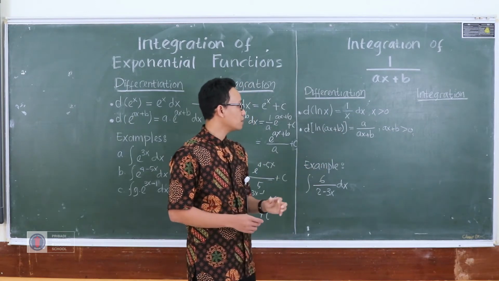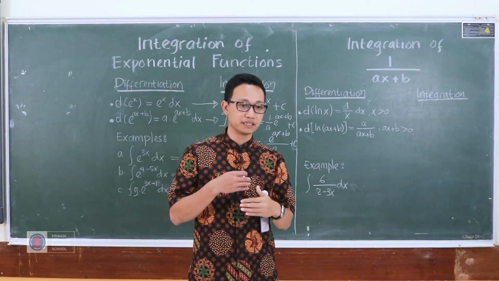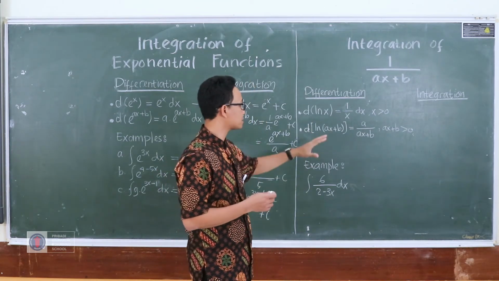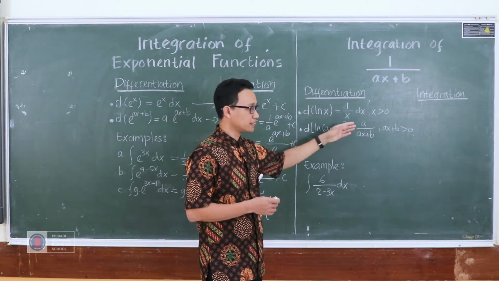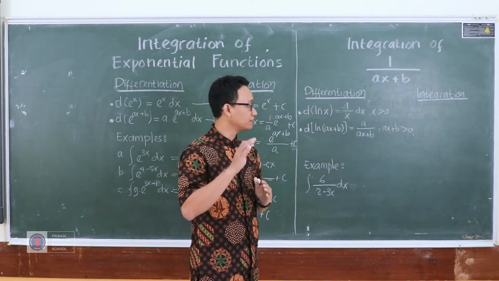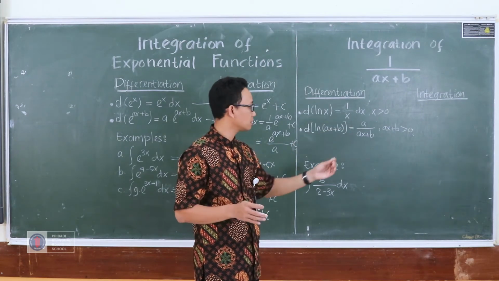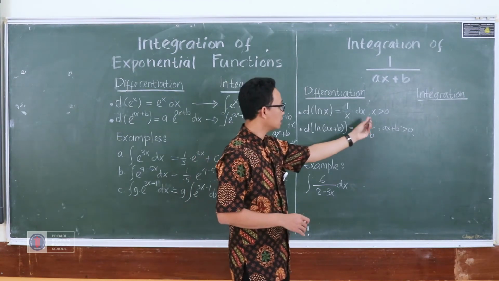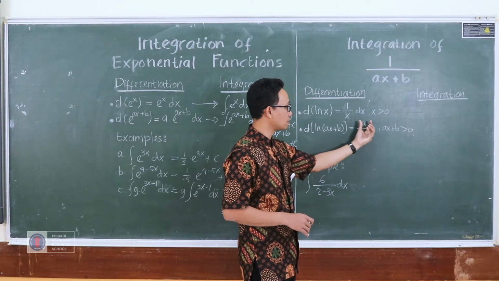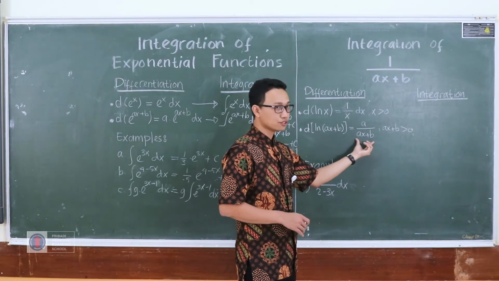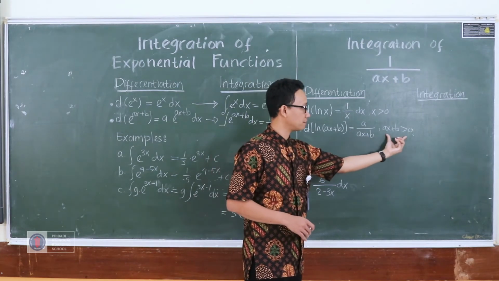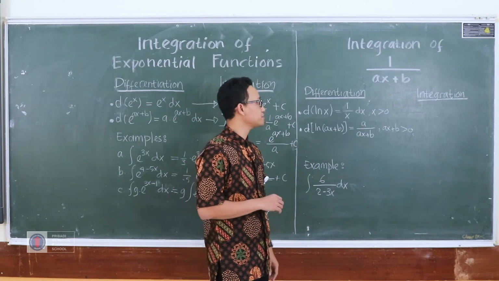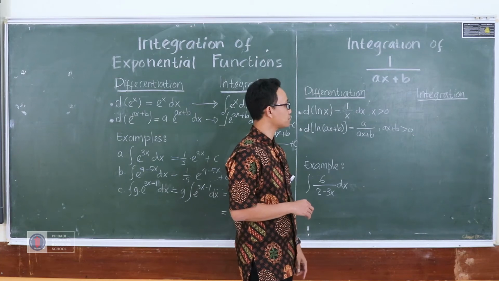So remember, when you differentiate natural logarithms, you just write down the derivative of the function and then over the function itself. Of course, since this is a fraction or reciprocal, the denominator should be defined as positive like this.